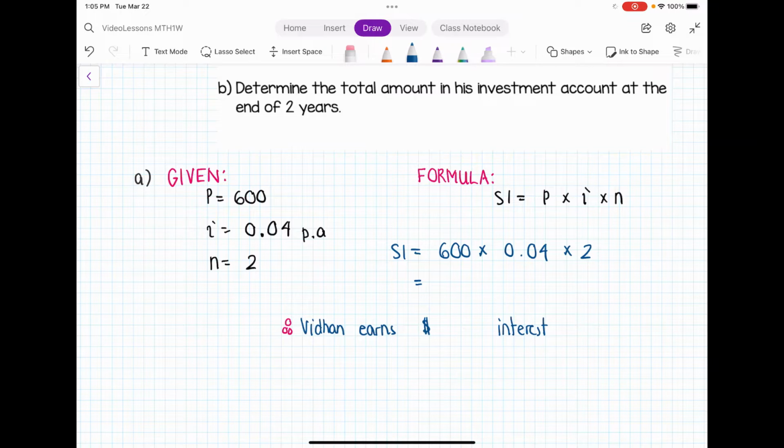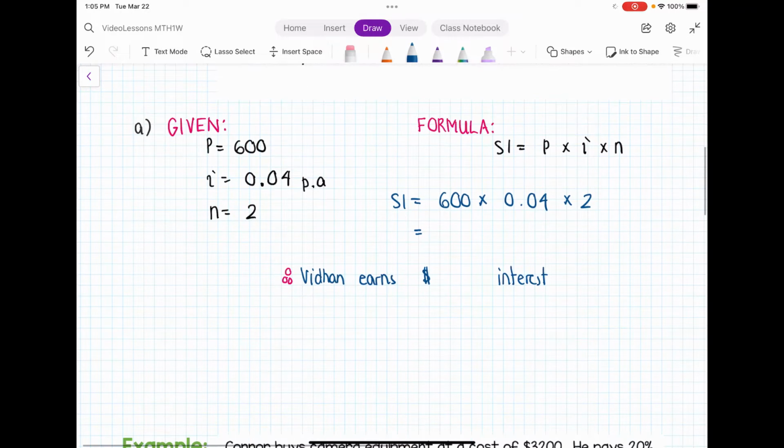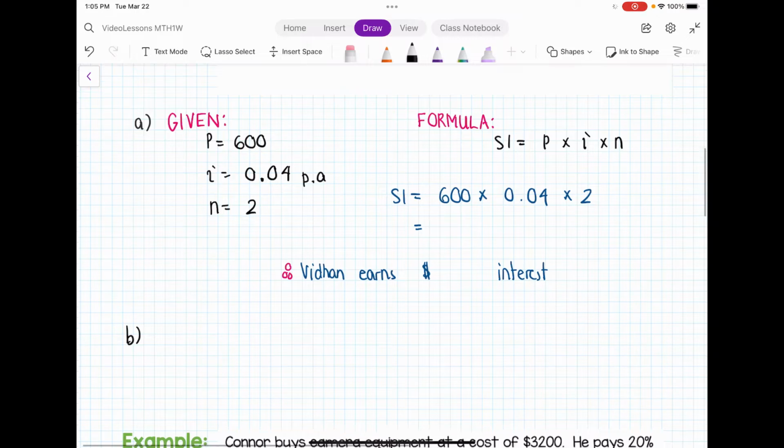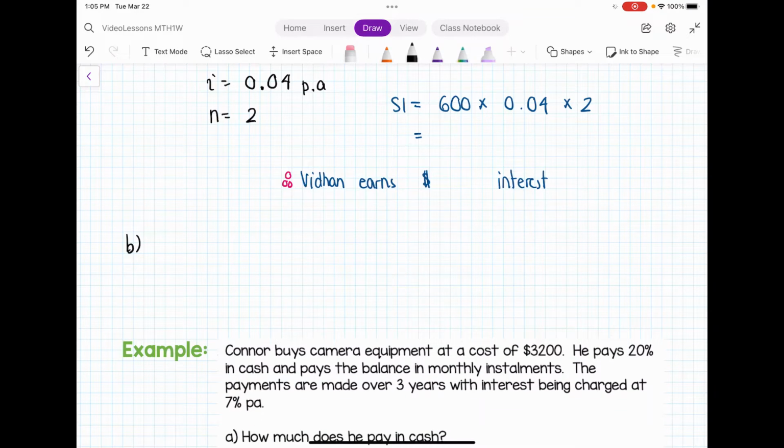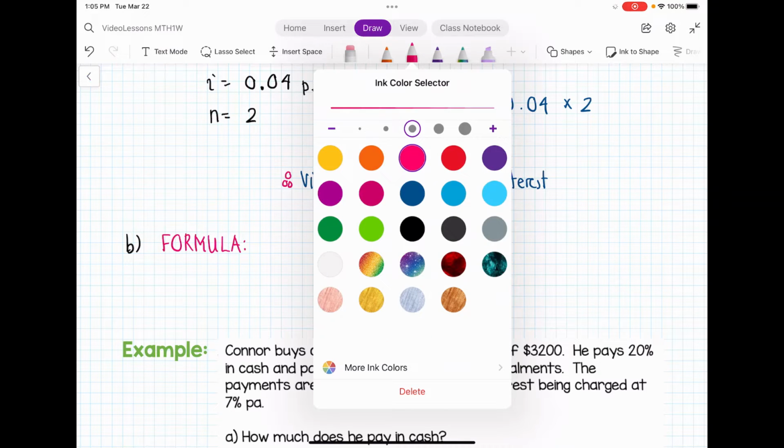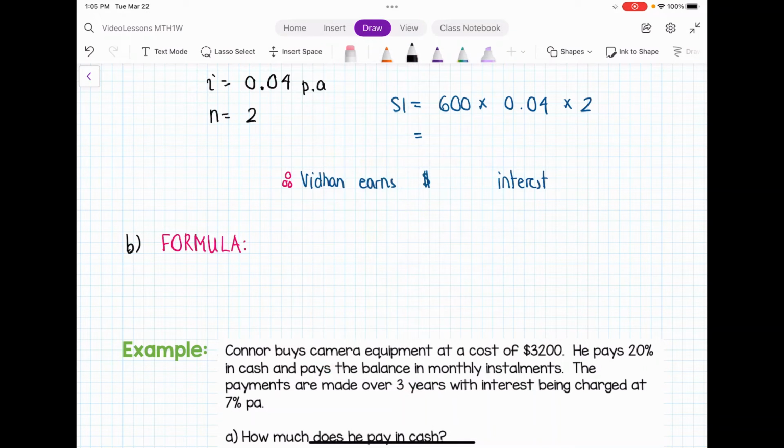All right, so determine the total amount in his investment. Now, we can just add them together, right? Add your principal plus your interest, but I would like you just for now to practice the formula for the final amount, and that is using your accrued amount.